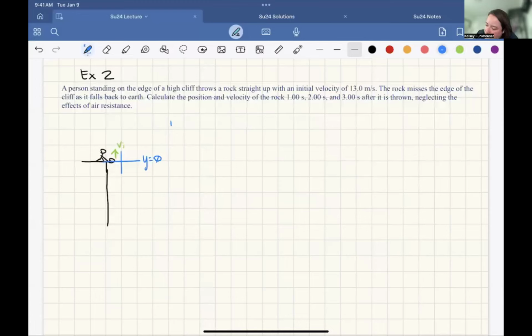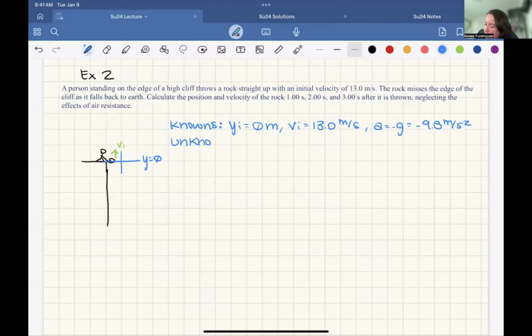So let's write our knowns and unknowns. I just said our initial position is 0. Our initial velocity is 13.0 meters per second. Acceleration is negative g, or negative 9.8 meters per second squared. I think that's all we know.